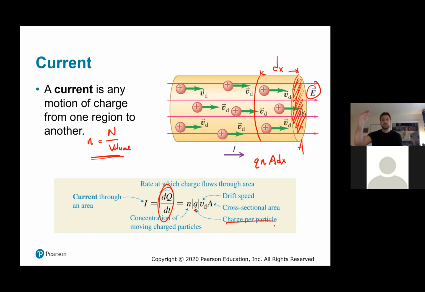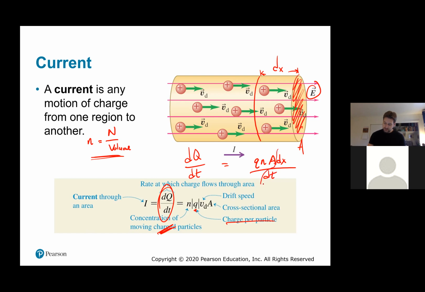And we take that and we divide by time, because the definition of current says that we take the charge that moves and divide by time. So this is our dQ. We divide by dt.